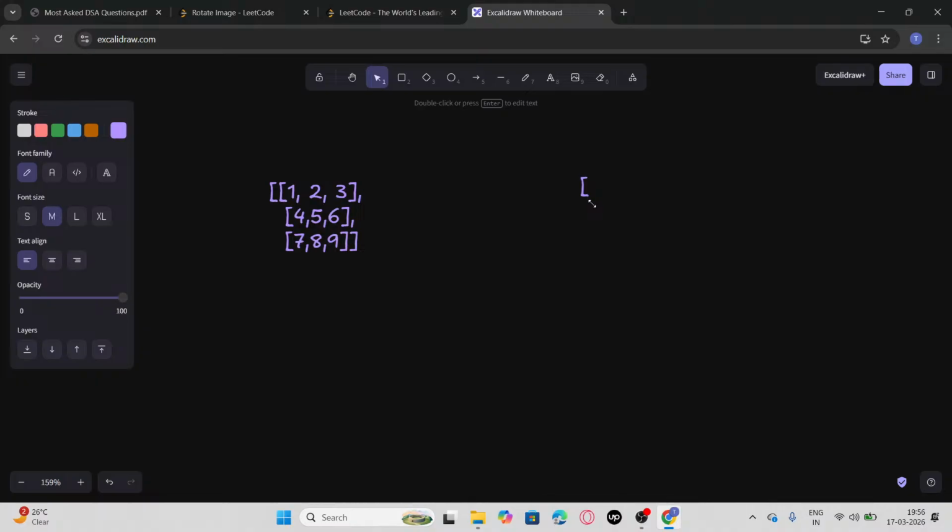We have to make it like this. 7, 4, 1. 8, 5, 6, if I'm getting it right.